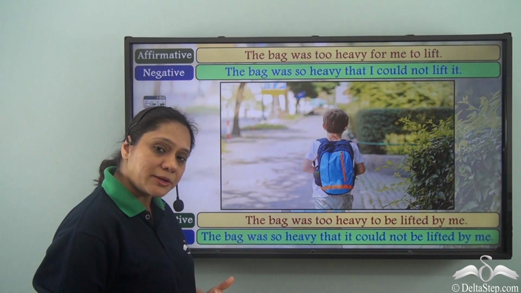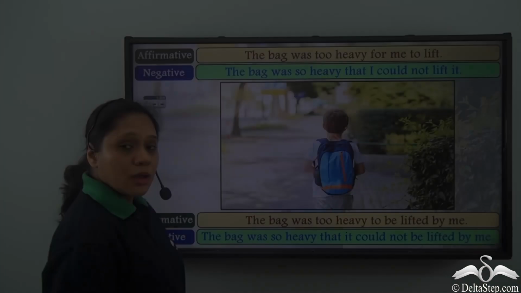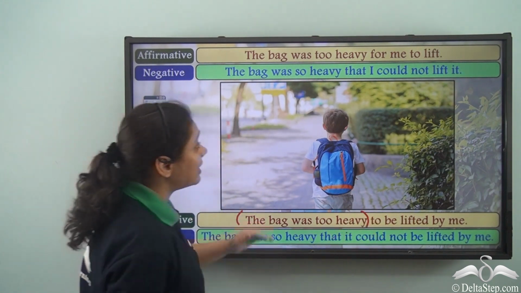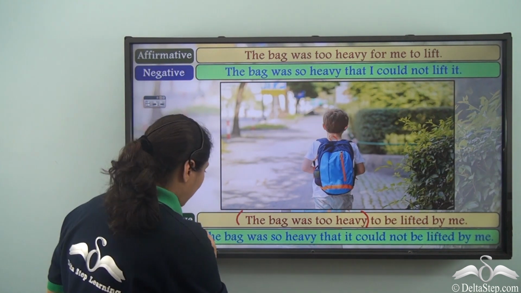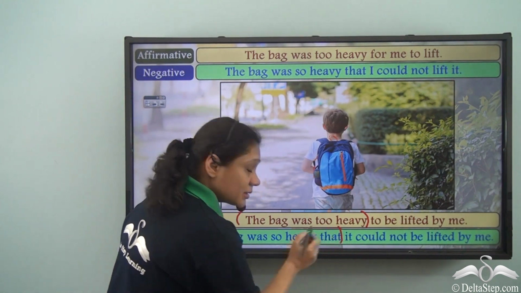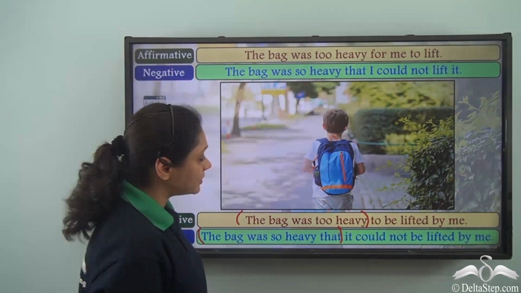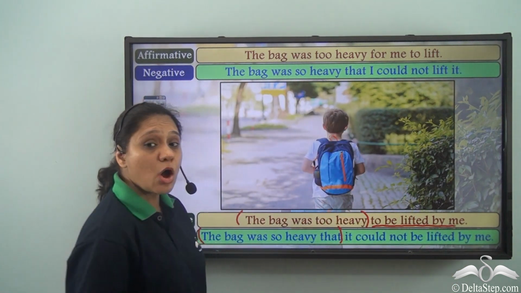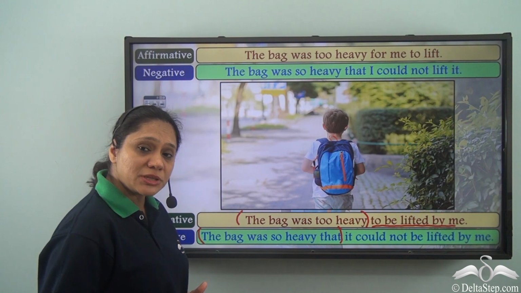Let us again try to understand by taking the original sentence in parts. Now in this sentence, the bag was too heavy is the same as our first example. So we have kept this the same. The bag was so heavy that. Now let us try to see what we have done with the second part of the sentence. Now we have to be lifted by me. Now what is to be lifted by me? The bag is to be lifted by me.